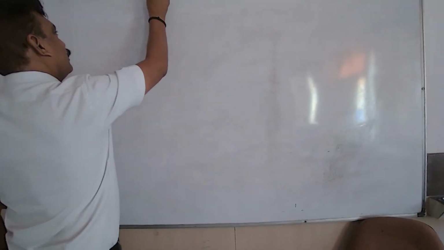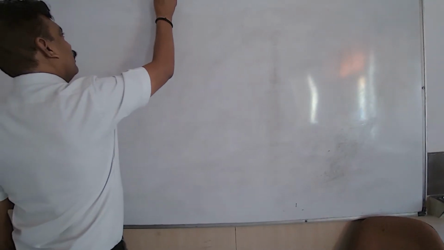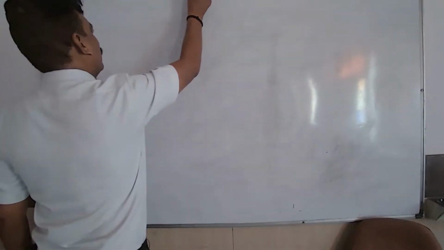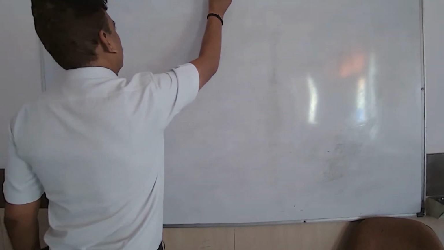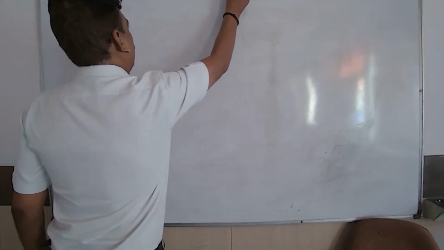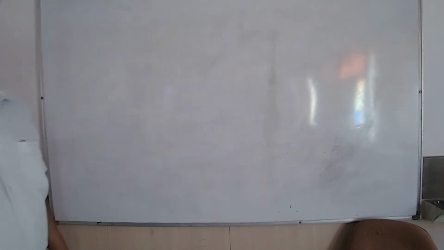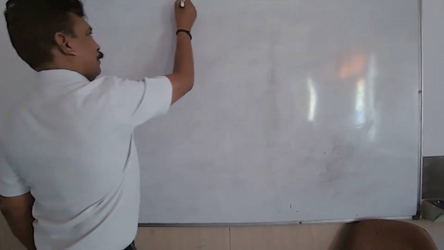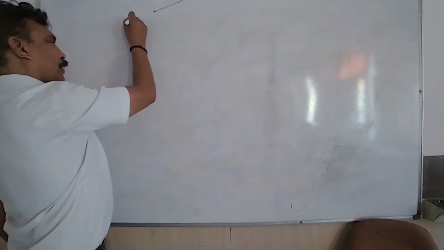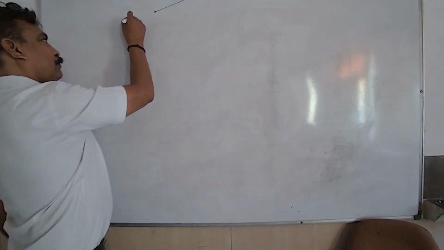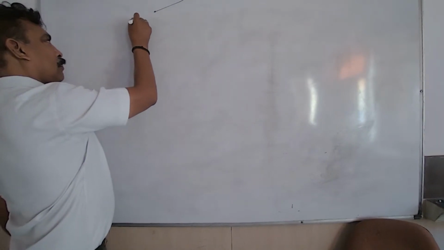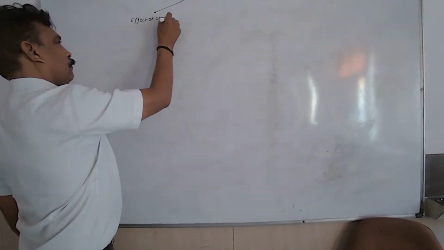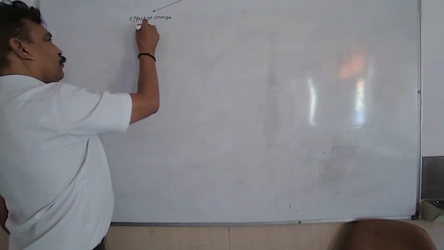Change of state. I got it. Change of state of matter. Very good. Change of state of matter can be brought about in different ways. One is the effect of change of temperature, yes or no?